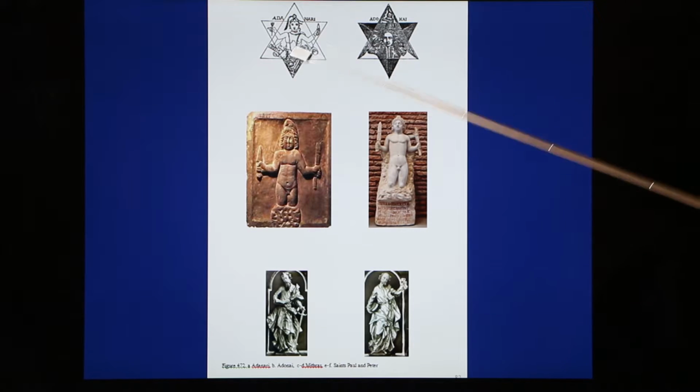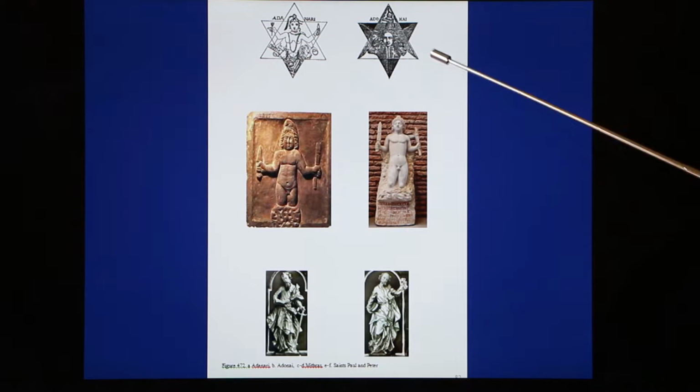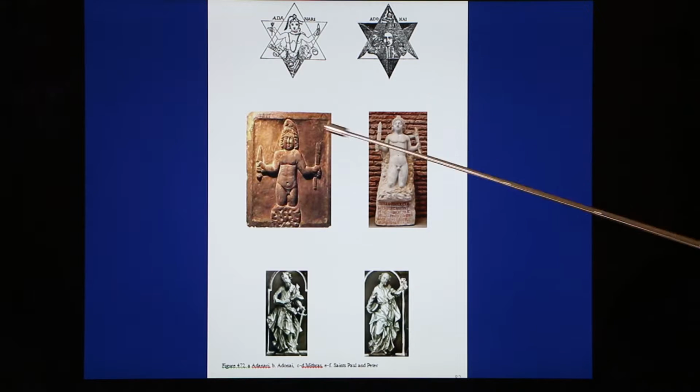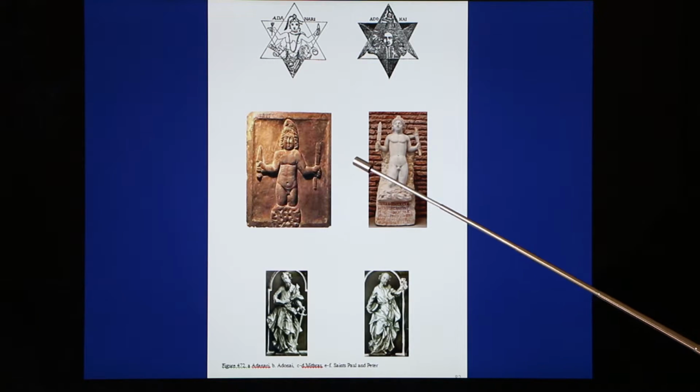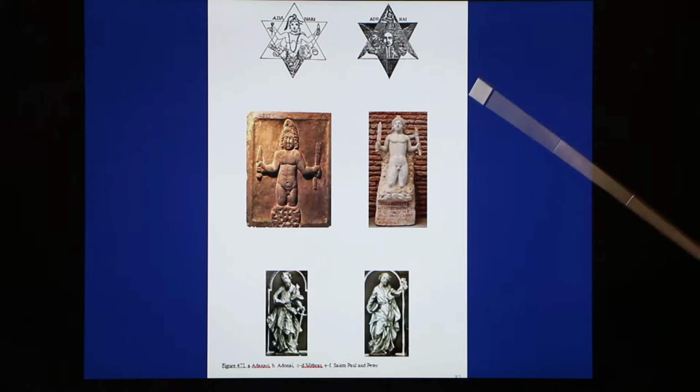And there are modern equivalents, which we won't discuss here. But just to show you, here is Ardhanari in India, and here is Adonai of the Hebrews. Here is Mithra, who on the one hand has a sword and on the other hand has a flame.